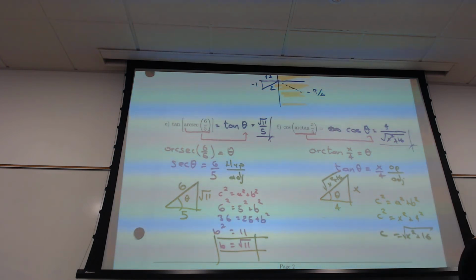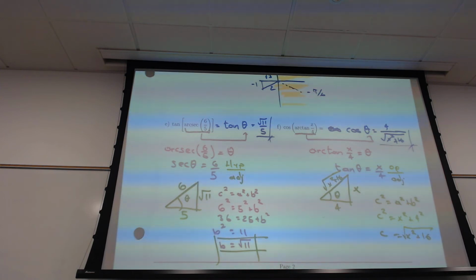Okay, so let's have a look. Question: how do you go from arctangent to tangent? Okay, because of the inverse properties.